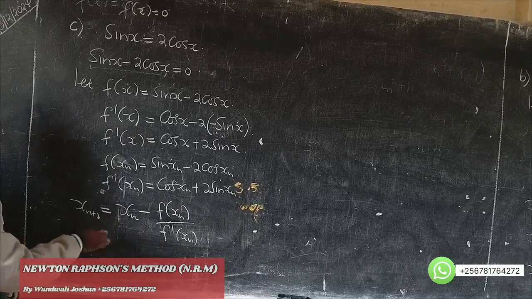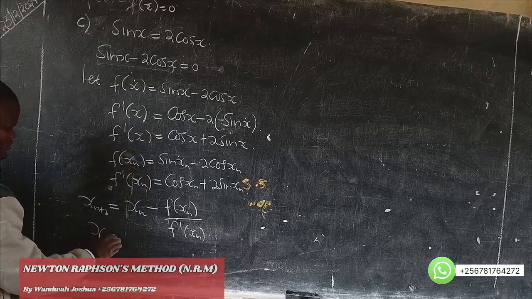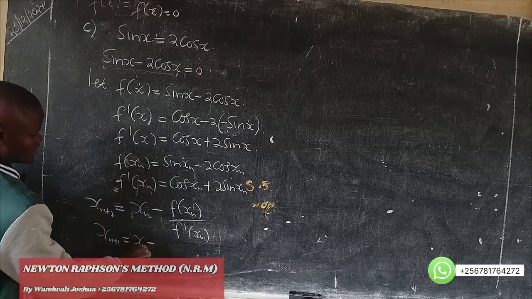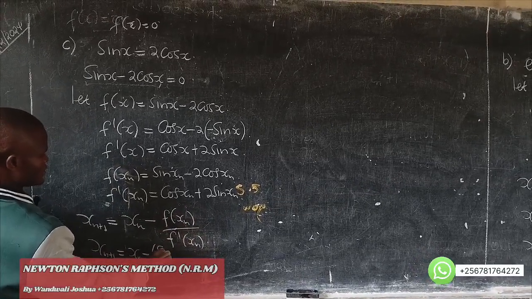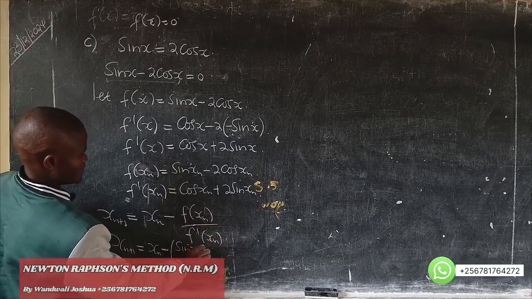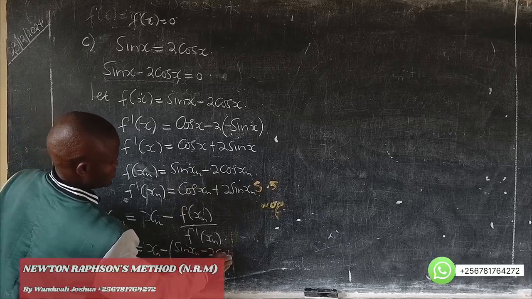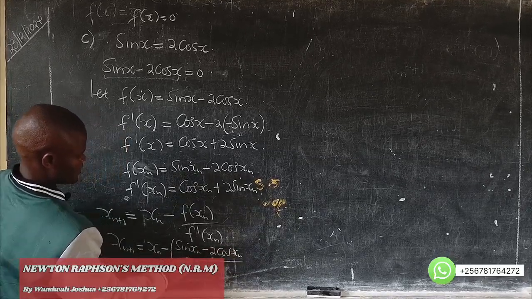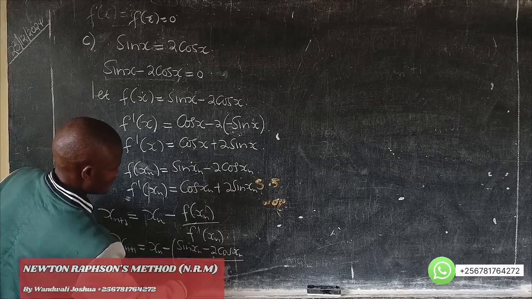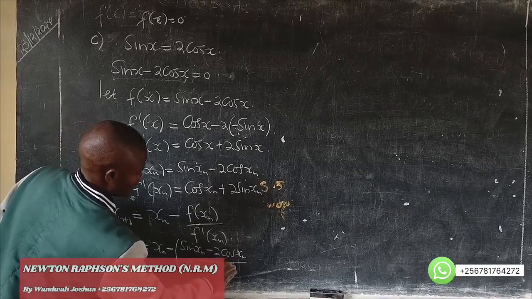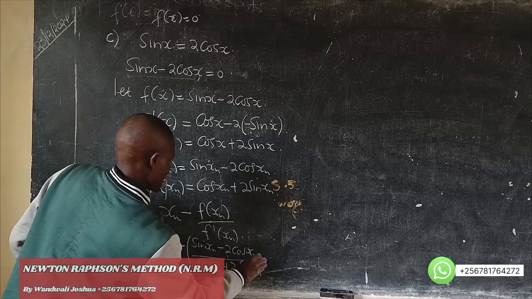So let us just feed the functions here, and that will be xn minus sine of xn minus 2 cos of xn divided by cos of xn plus 2 sine of xn.